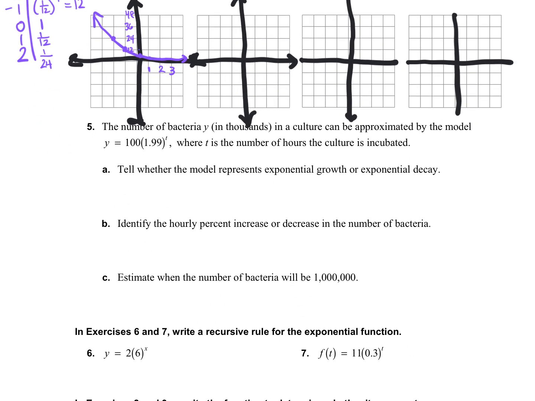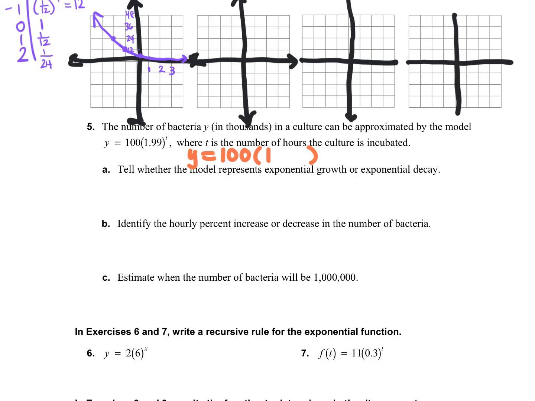In this next example, they give you the model and they want you to identify if it's growth or decay. So in this example, we've got to make it look like the growth or decay model first. We can kind of tell what happened. The formula is where you have your starting number, and on the inside of the parentheses you're either adding or subtracting.